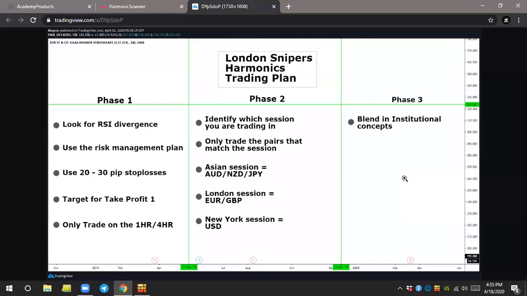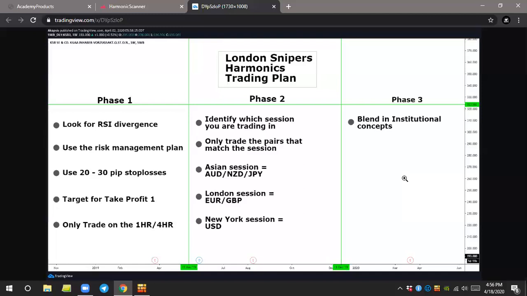From about 2 a.m. to about 11 a.m. or so is London session. And then New York session starts about 7 a.m. and goes all the way until like 5 p.m. or so. But now, here are the important parts about these sessions.